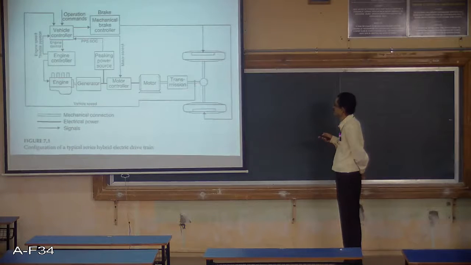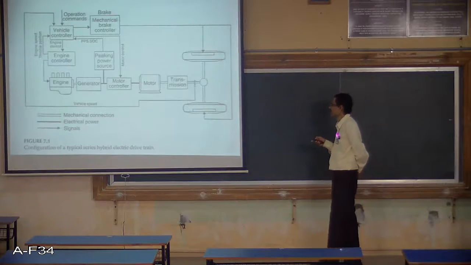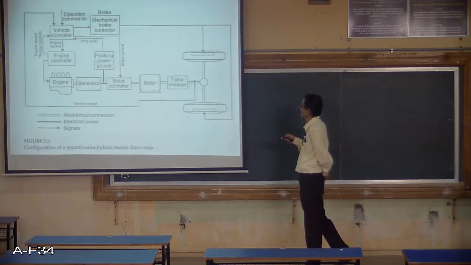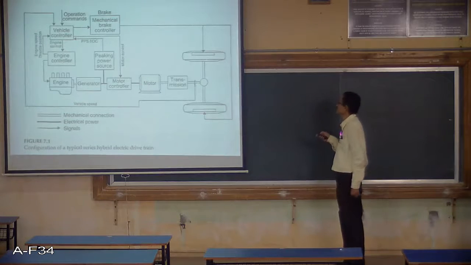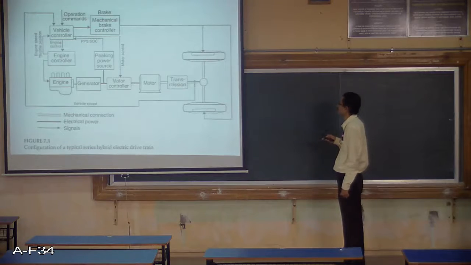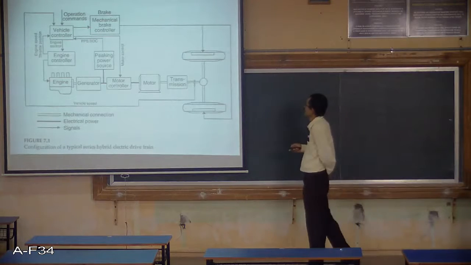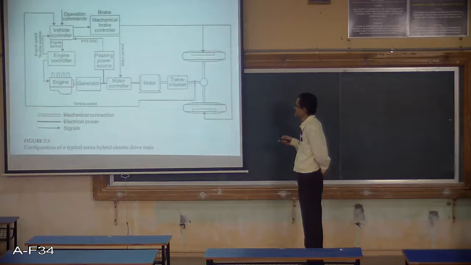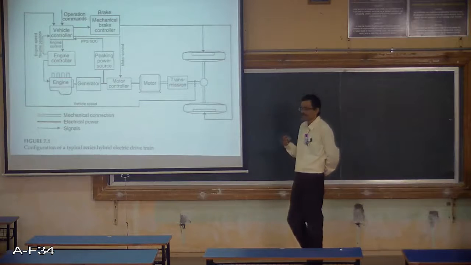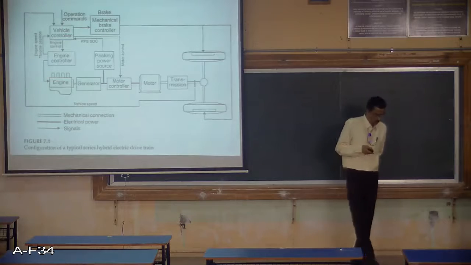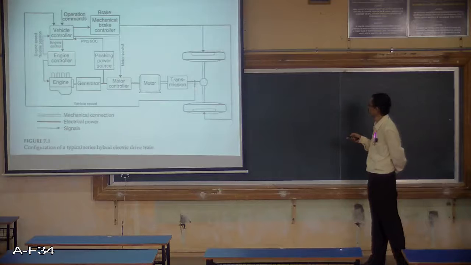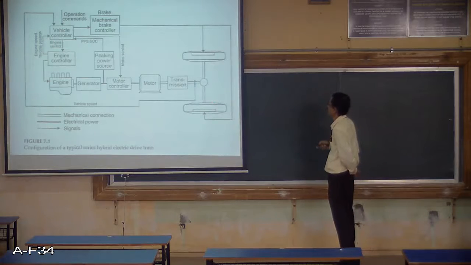It is mechanically coupled with a motor, and the motor characteristic or control will decide the operation of this electric or hybrid vehicle, the movement of the wheels. And that is why this generator and engine can run at any point of operation, as per your requirement, so they need not be connected directly with the driving wheels.